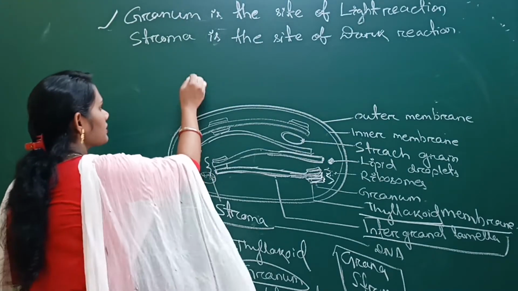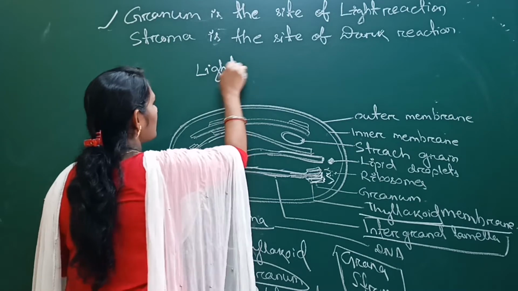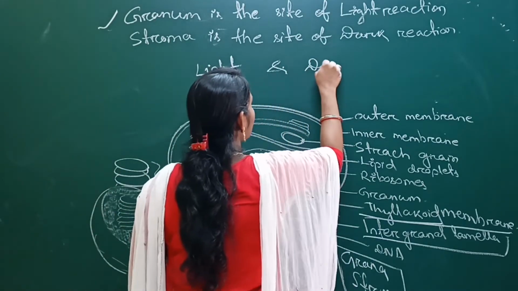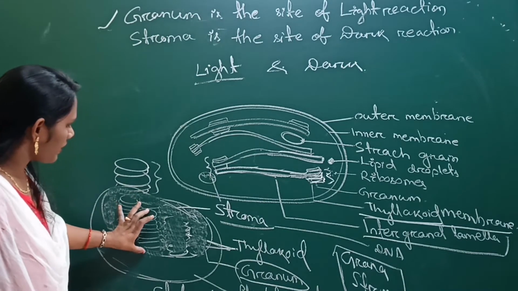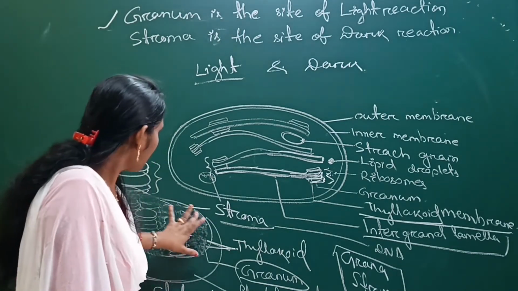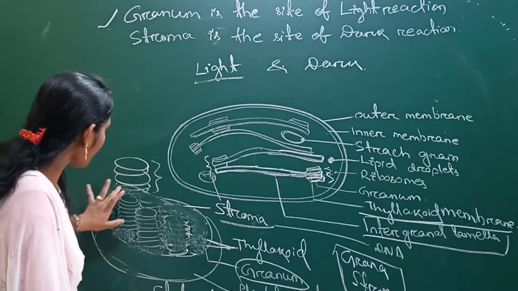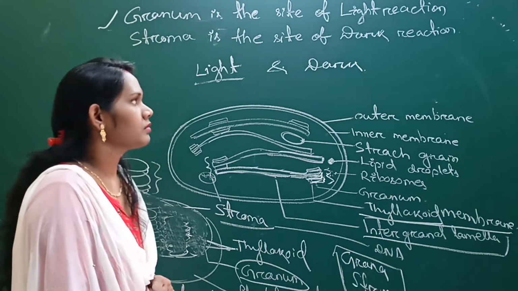As you know, photosynthesis happens in two reactions, one is light reaction and another one is dark reaction. So in this granum structure light reaction happens, and in this stroma structure, which is the colloidal substance, dark reaction happens.